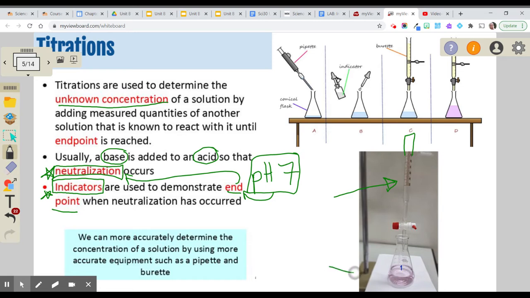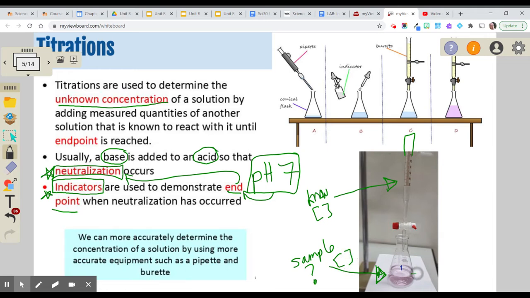And then the other solution that we're going to be dealing with will be down at the bottom. And this is our sample solution. The solution in the burette, we usually know the concentration of this, right? Whereas the sample down below, we don't know. It's our unknown that we're trying to figure out the concentration for.